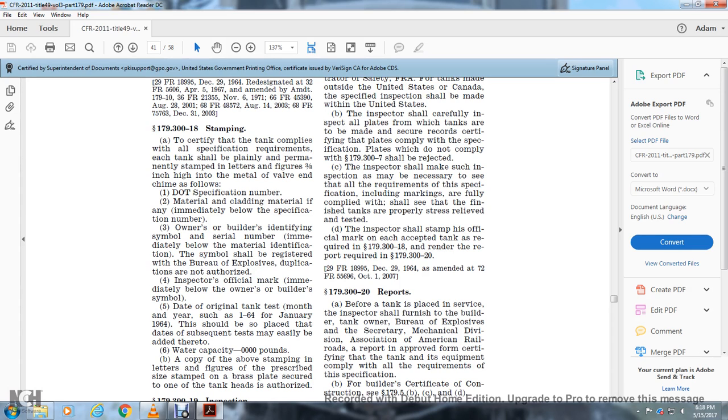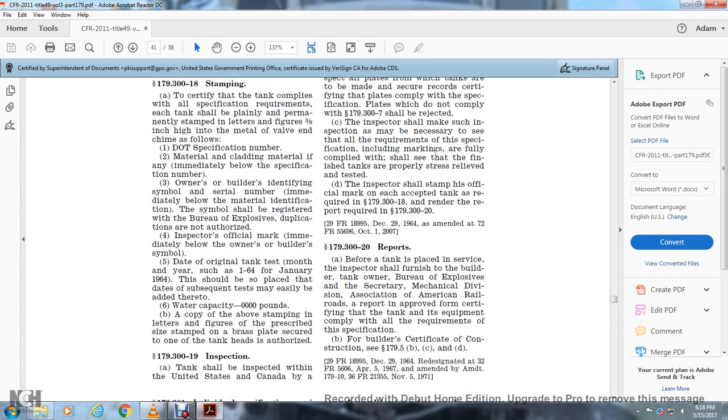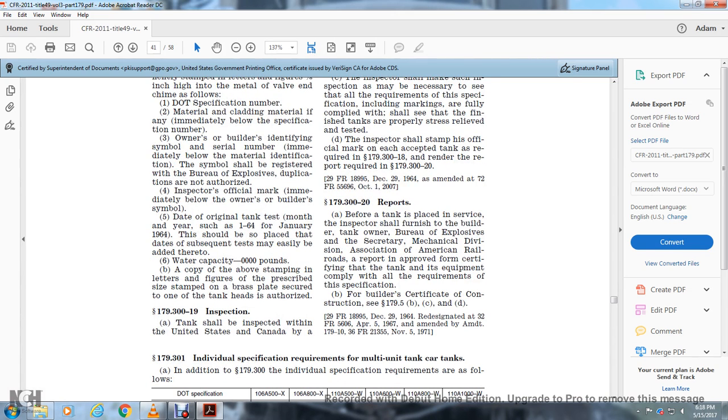The date of original test, month and year, such as 1/64 for January 1964, shall be placed so that dates of subsequent tests may easily be added thereto. Water capacity, pounds. Comply with the above stamping of the letters and figures with the prescribed size stamp, with the pressure plate secured on one tank head.